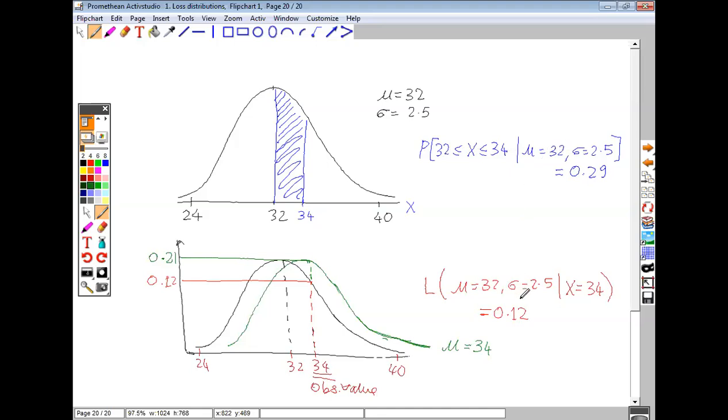And when I'm talking about likelihood, what happens is I have observed the data already. And now I'm trying to see what parameters of the distribution would make this data that I have observed the most likely to happen.